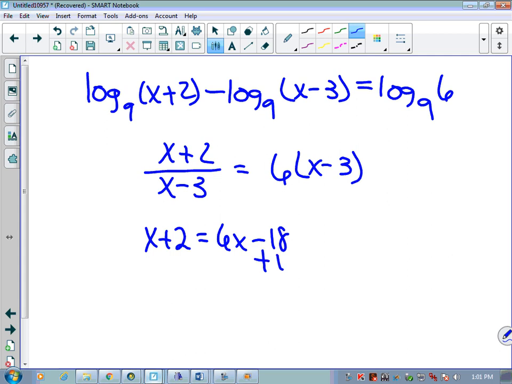I would probably move the 18 over and subtract this x, because that leaves everything positive. So I got 20 equals 5x, divide by 5, x equals 4. Yep, x equals 4. Questions there? None? Okay.